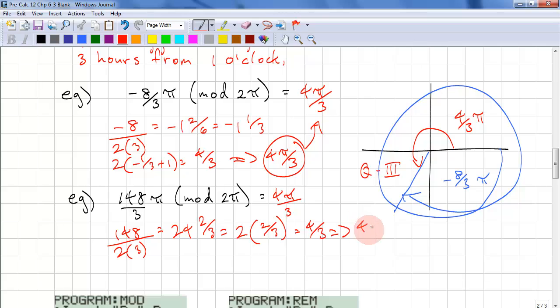And again, we get 4 pi over 3. Okay, you may not want to do these calculations, and I don't blame you. The other way of doing it is just keep subtracting 2 pi until you get to 4 pi over 3. Here we can add 2 pi until we get 4 pi over 3, so you would have to add 2 pi twice. Here you would have to subtract 2 pi quite a few times.